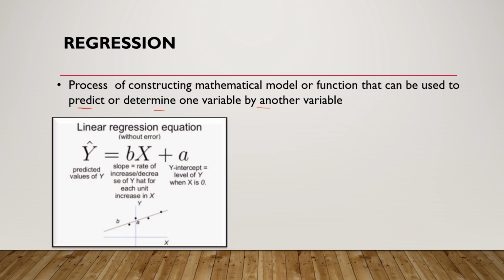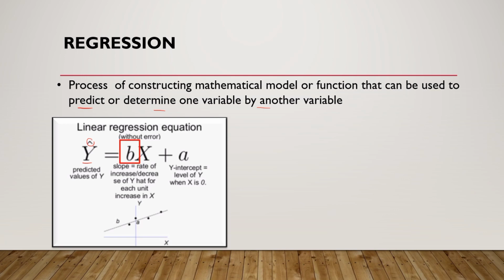So we have here a linear regression equation denoted by this one. This is y hat, since it has a small hat here. This is the predicted values of y, and that is equal to b times x plus a.